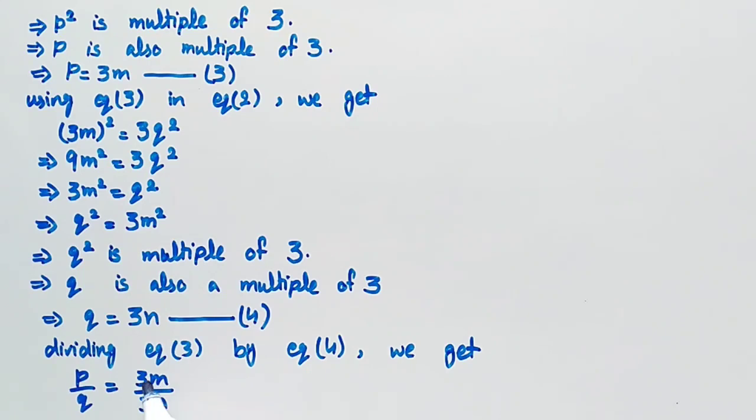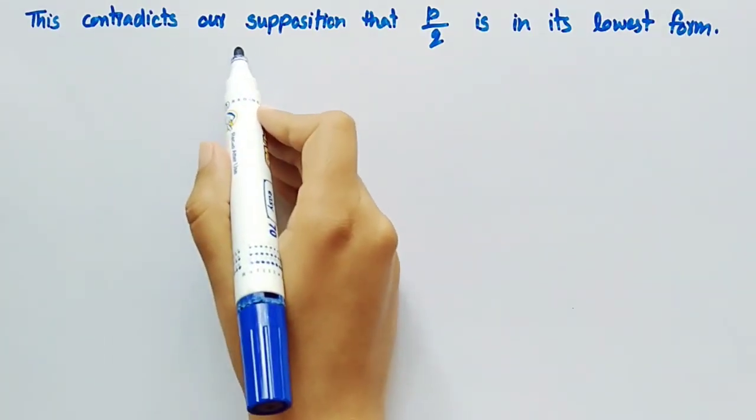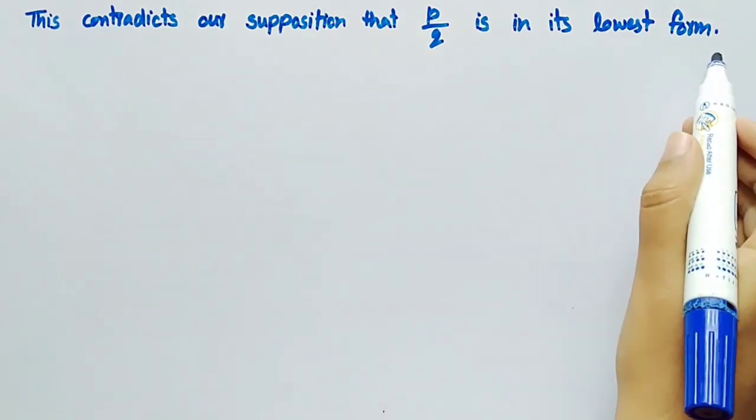Here we can cancel 3, but in the beginning we supposed that P by Q is in its lowest form and cannot be further simplified. This contradicts our supposition that P by Q is in its lowest form.